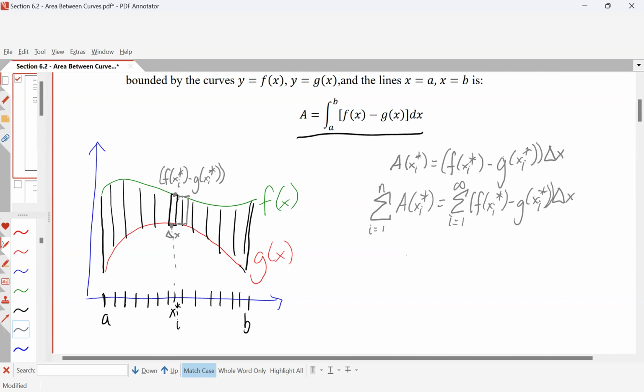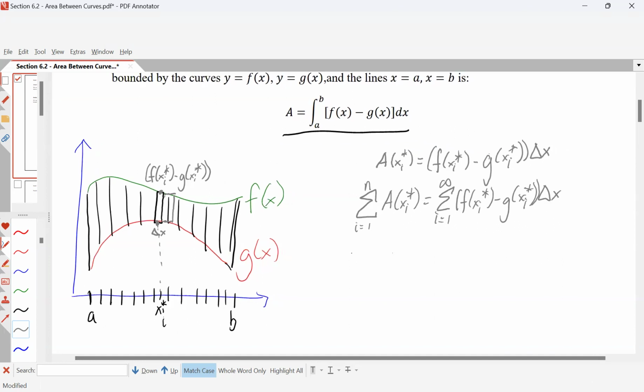To make this area, that is the sum of all these rectangles, more precise, we want to make that width delta x as small as possible. And that is then taking the limit as n goes to infinity of this sum of the area, f of x i star minus g of x i star times delta x.